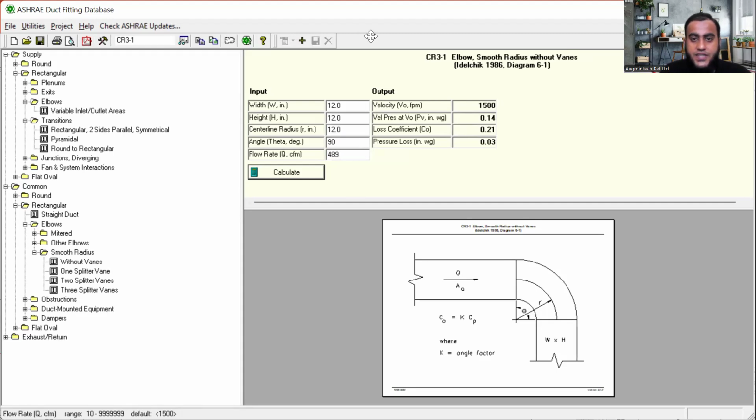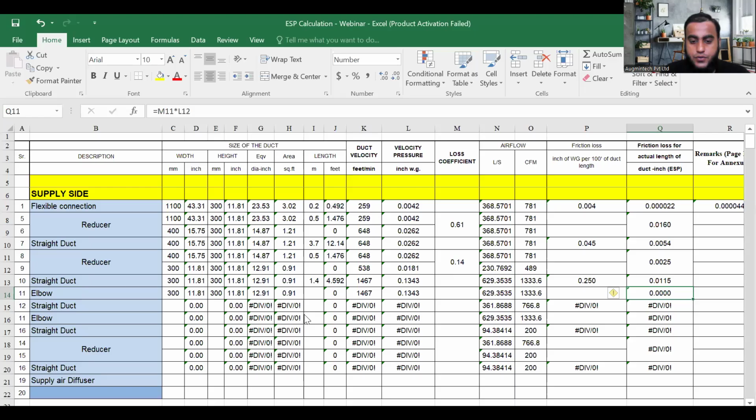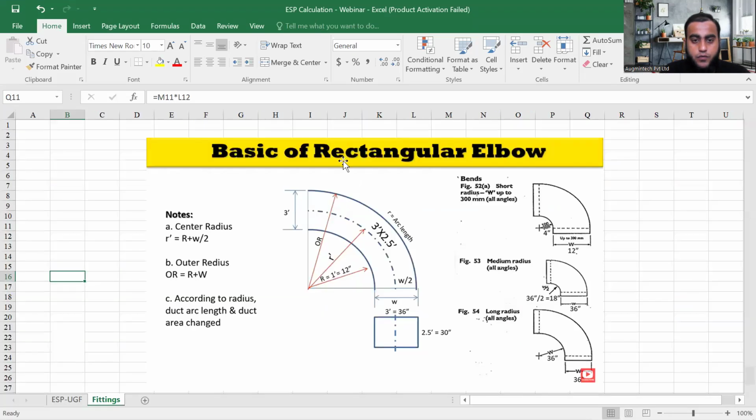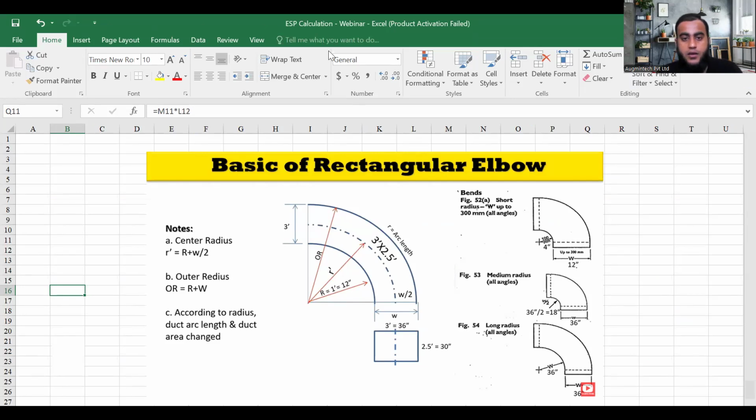So to calculate the center line radius, all of you just listen carefully here. What you have to do here, see, one formula is given. Try to understand all of you. Different types of elbow is given. Short radius elbow, medium radius elbow, and long radius elbow.